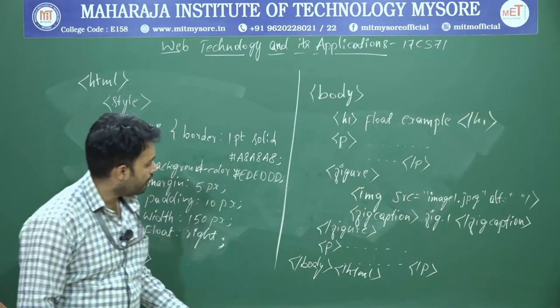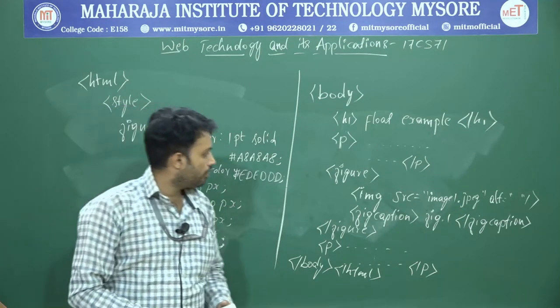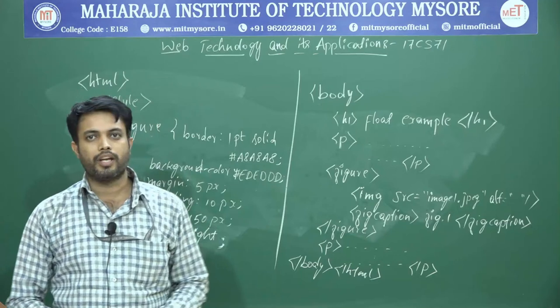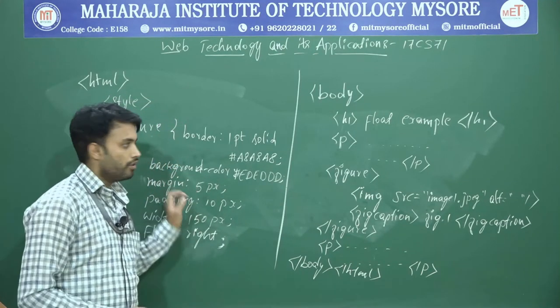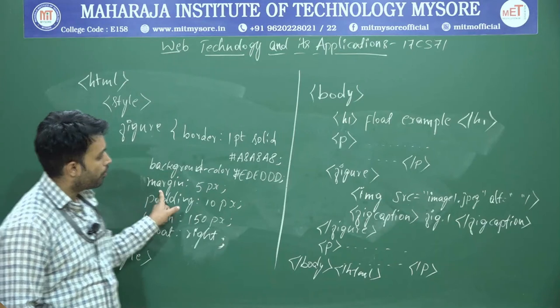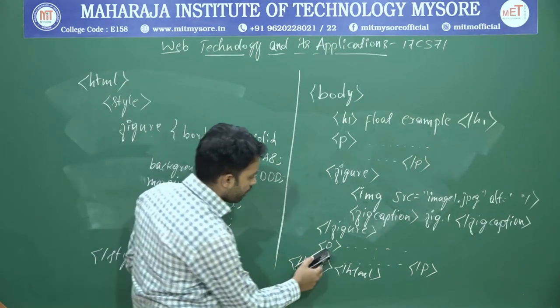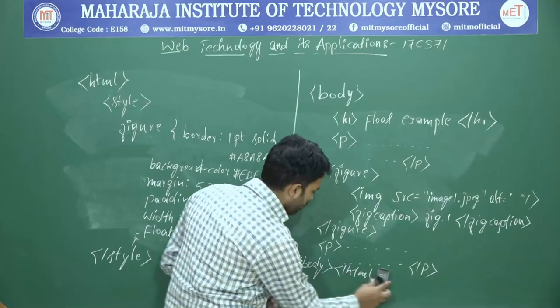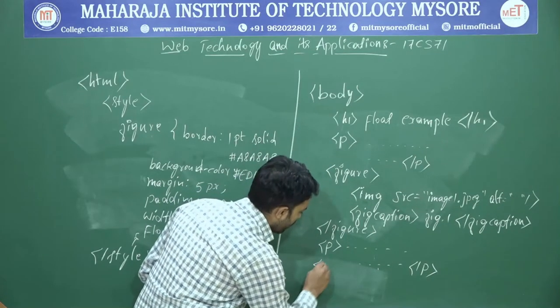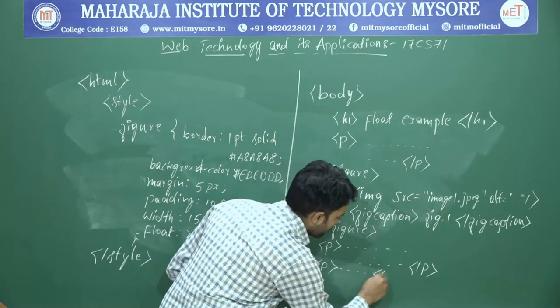Now I will make a slight change in order to explain margins, the significance of margin. To explain that, I will modify the same program. Here I have written one p, right? Now I am going to write one more paragraph, p ... /p.